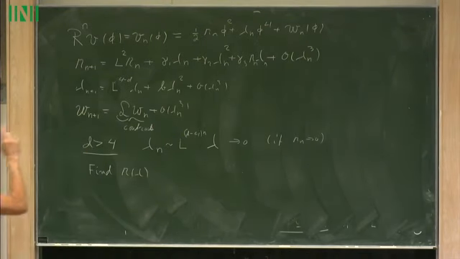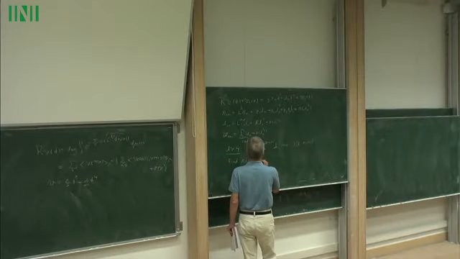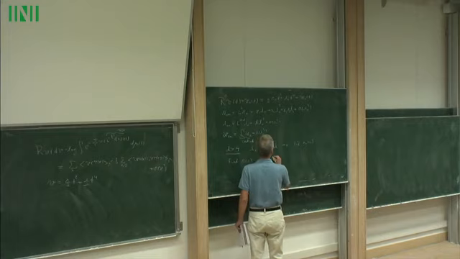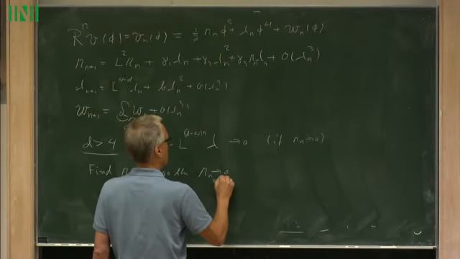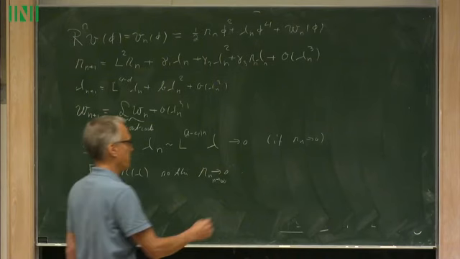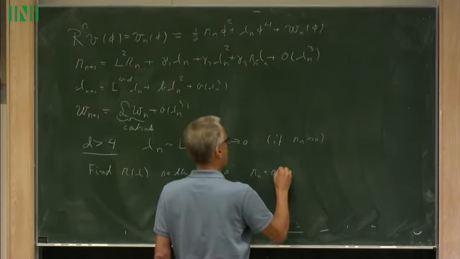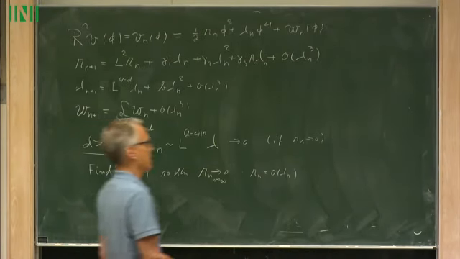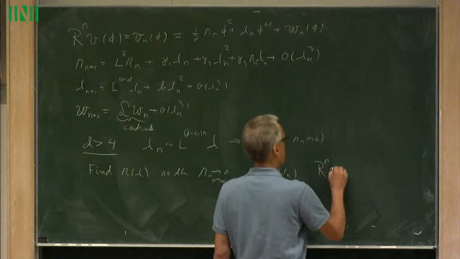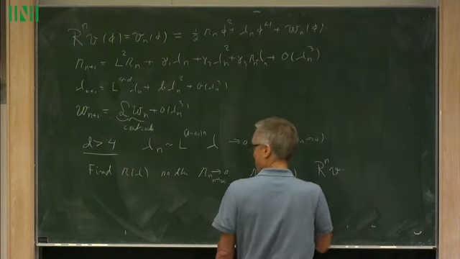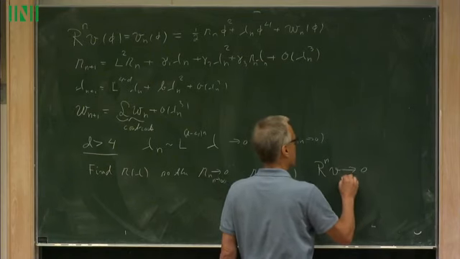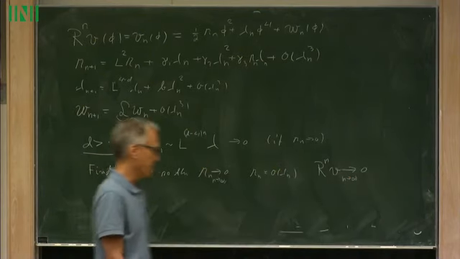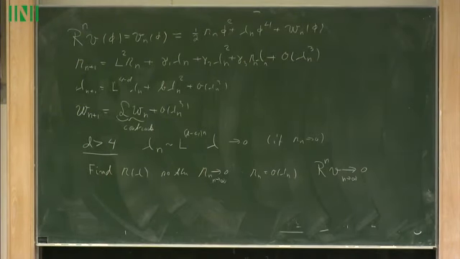So I want to fine-tune the initial condition for the R so that R n goes to 0. Actually, I want to fine-tune it so that it will be of the order of lambda n. If that's the case, then the end result is that if I take my original v with that critical value, then this goes to 0 as n goes to infinity, which means that I'm converging to the Gaussian model, no interaction.